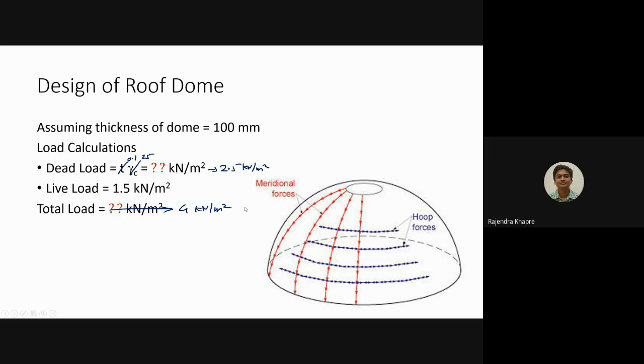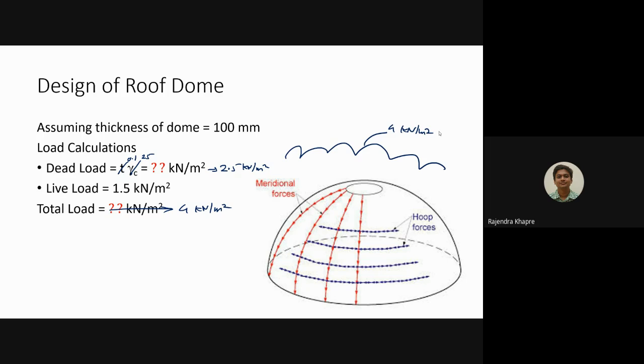Now you see, on this dome there will be 4 kilonewton per meter square load acting, and because of this vertical load, two types of stresses are developed. One, which is shown in red color, is your meridional stresses.